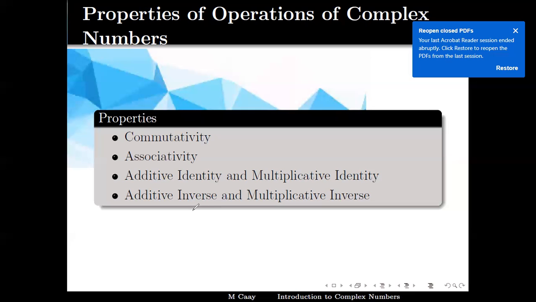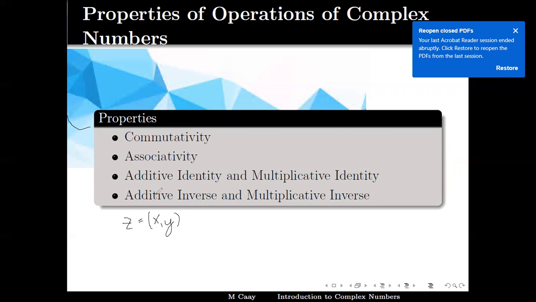Now let's go to multiplicative inverse. If we're going to solve for that, you can verify it on your own. Suppose you have z as a complex number, which can be written as (x, y).